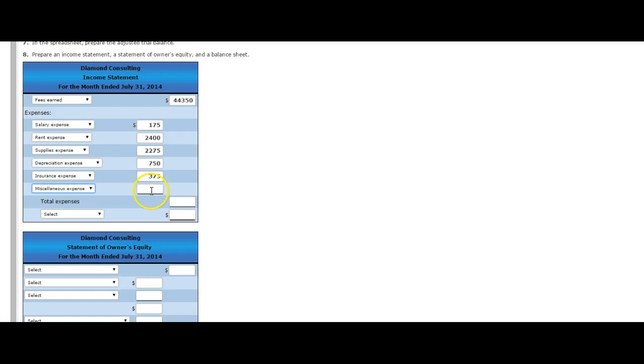And that is $1,400. And that comes directly from the worksheet you did, if you did it in class. My total expenses were $10,875. And that makes net income, coming right off your worksheet, $33,475.